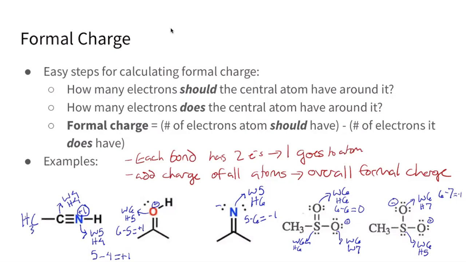So sulfur has a positive charge. Now this is the only example on this page where we're going to have to do the math to add up all of these individual charges to get the overall charge on our molecule. And would anyone like to tell me what plus 1, minus 1, minus 1 all add up to be equal to?